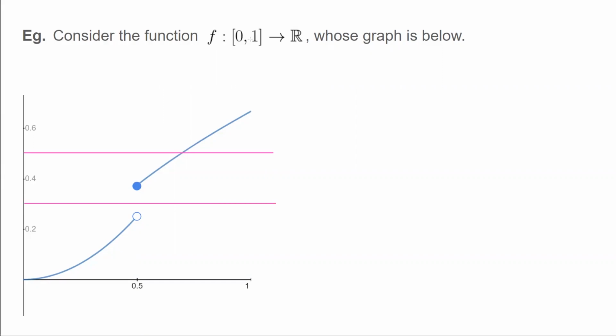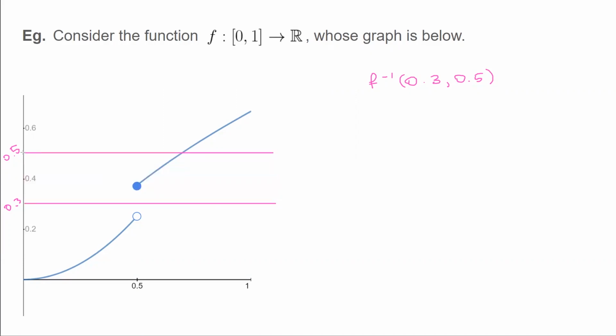I'd like to check that f inverse of this open interval is also open. But as we'll see, it's actually not. So let's take a look at all of the points on the graph of the function that lie somewhere between 0.3 and 0.5.